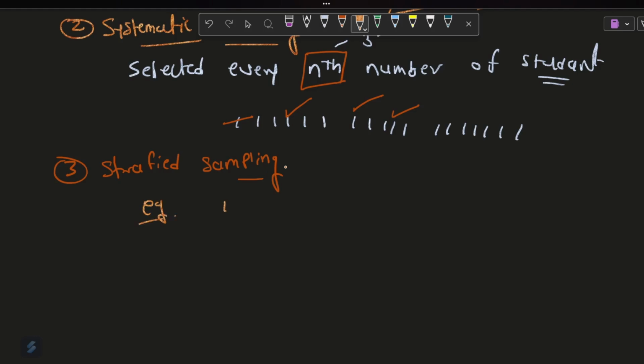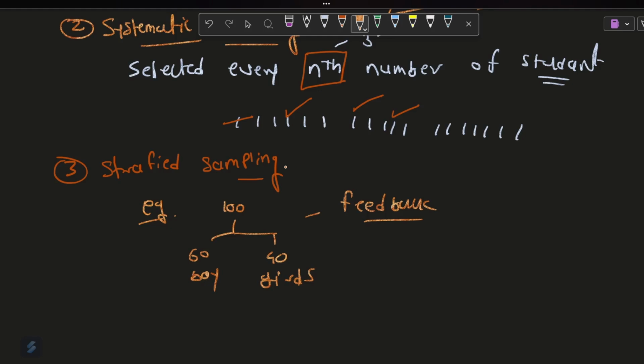Let's say we have 100 students, in which there are 60 boys and 40 girls. In that case, the teacher wants the feedback to be in equal proportion.